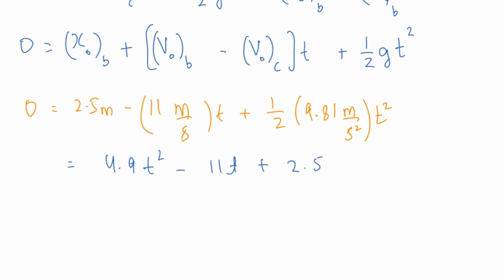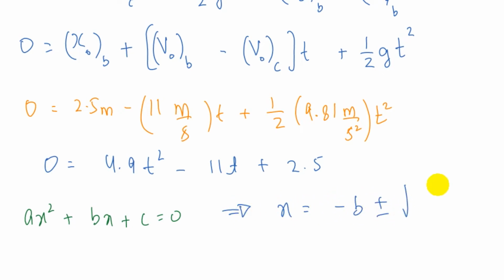Now if you compare this equation with ax² plus bx plus c equals 0, it is in the form of a quadratic equation. So the solution is given by the formula x equals minus b plus or minus the square root of b² minus 4ac, divided by 2a.